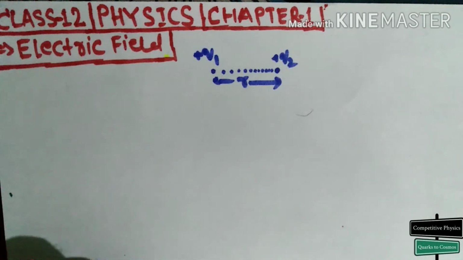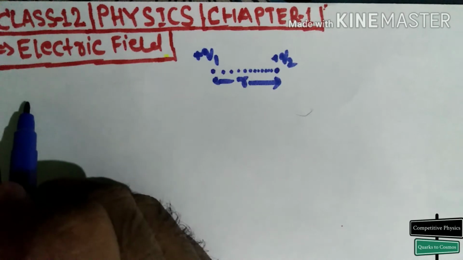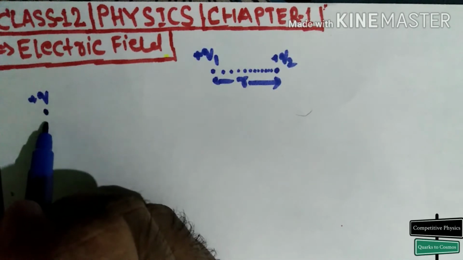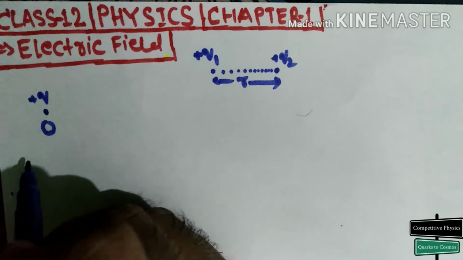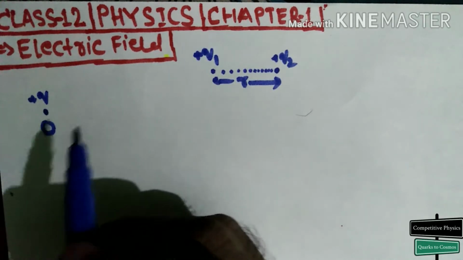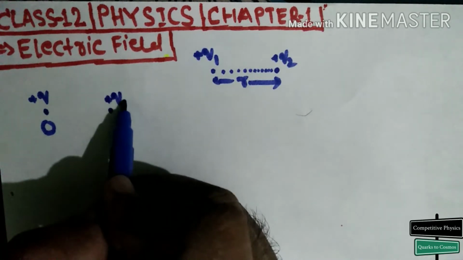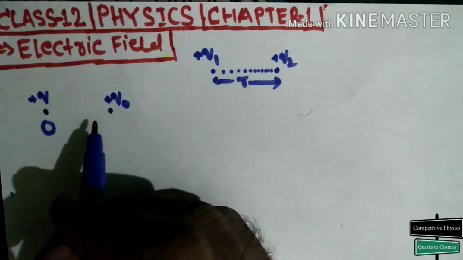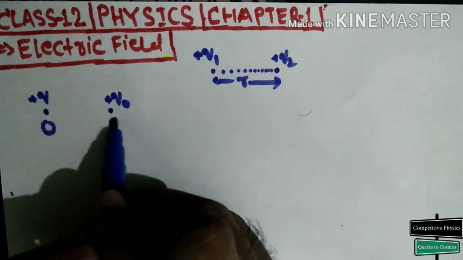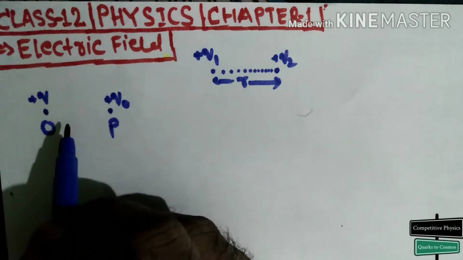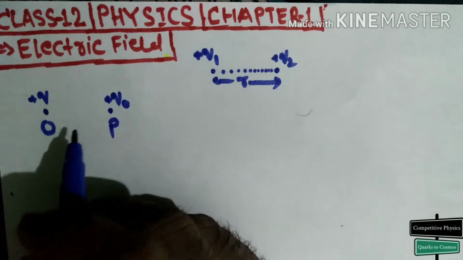Consider an electric charge plus Q which is located at some point O in space. Okay, if another small positive charge plus Q naught is placed at some point P, then you know that this Q naught will experience a force of repulsion.